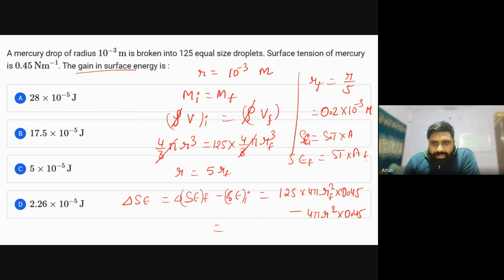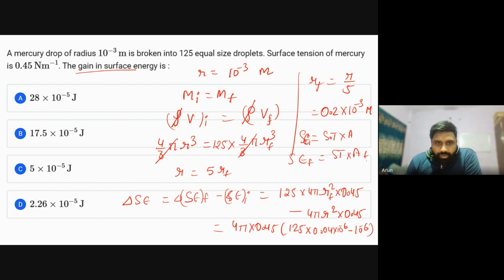Now if you calculate this, you can take 4 pi into 0.45 common. It will become 125 into r final square, which is 0.04 into 10 raised to the power minus 6, minus R square, which is 10 raised to the power minus 6.